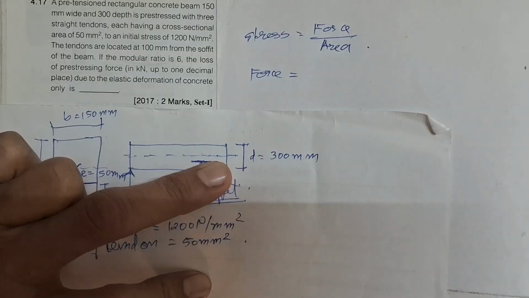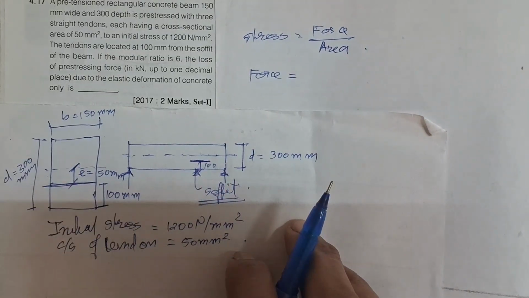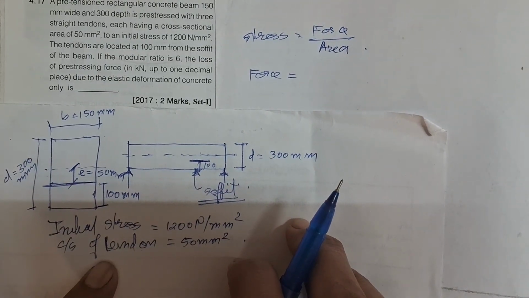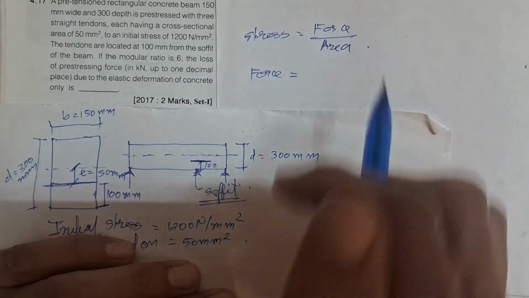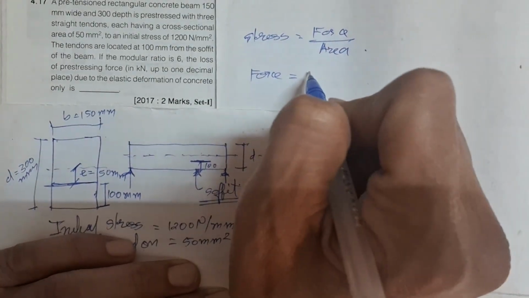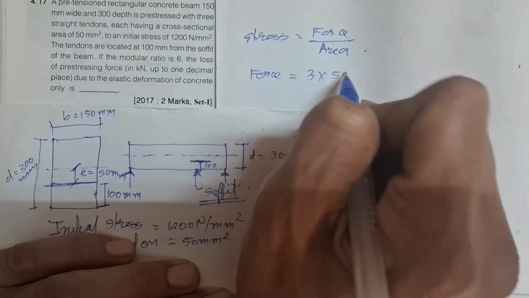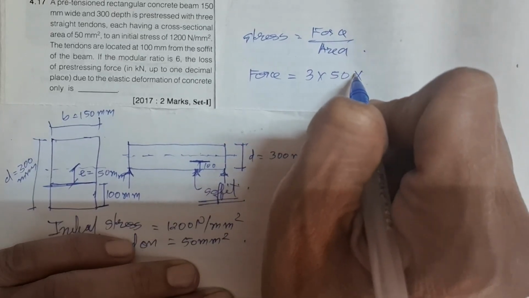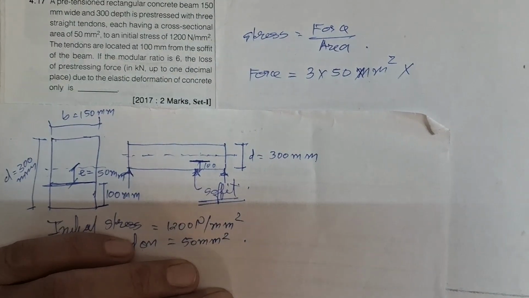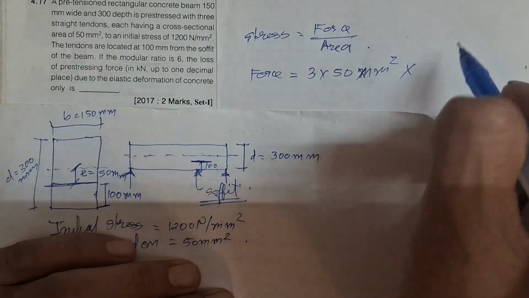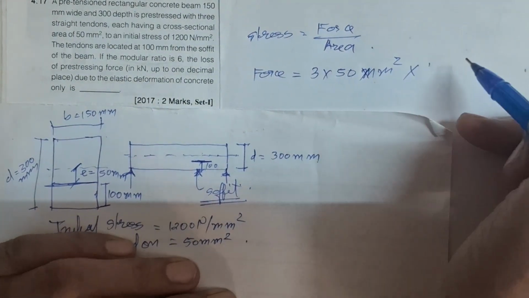The cross section of one tendon is 50 mm square, and there are three tendons, so area will be 3 into 50 mm square, multiplied by the stress of 1200 Newton per mm square.